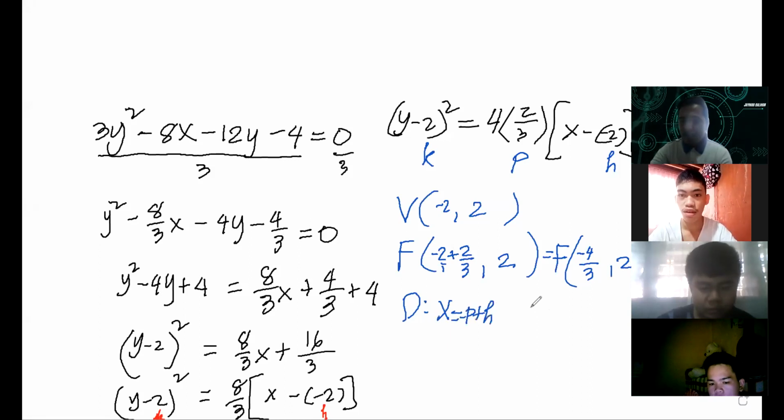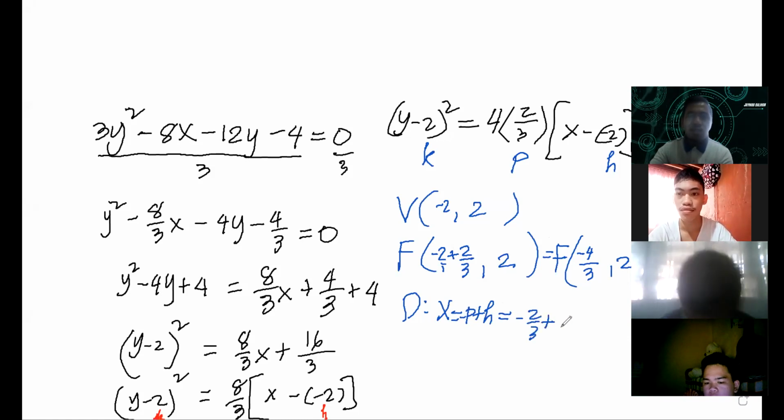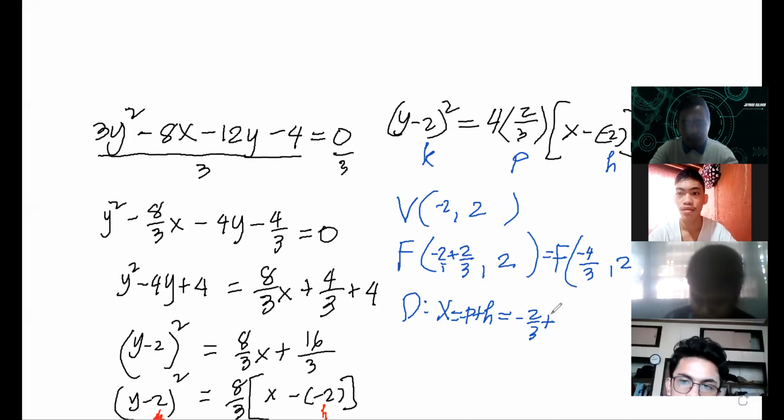What is our p? Negative 2/3? No, positive. So negative p is negative 2/3. Plus your h. Your h is -2, right? So it becomes -2/3 plus -2. If you simplify it, it becomes x equal to, I want you to practice this one.